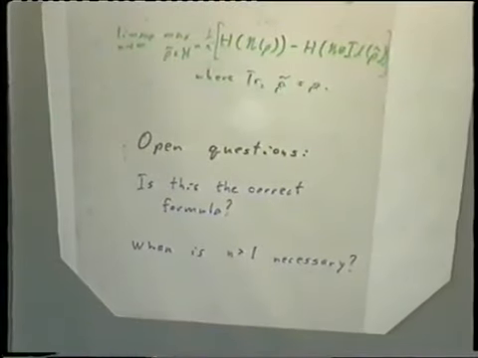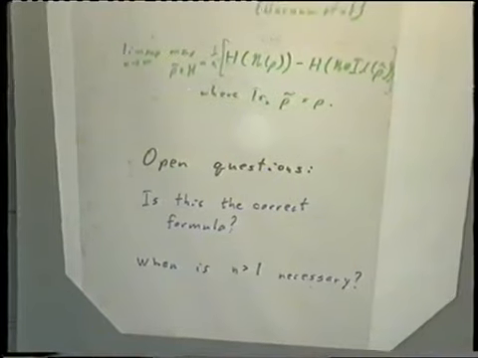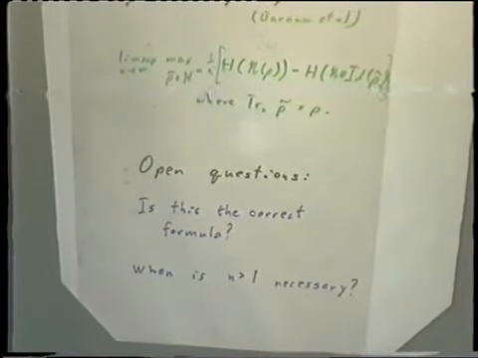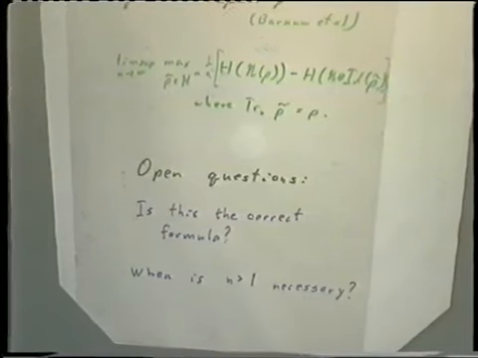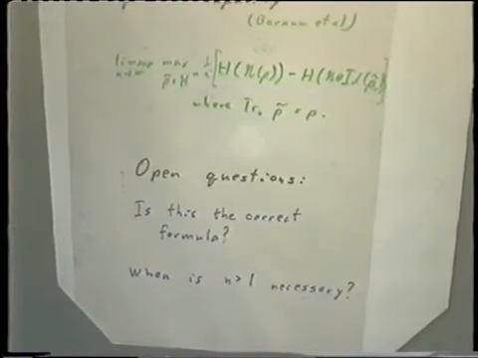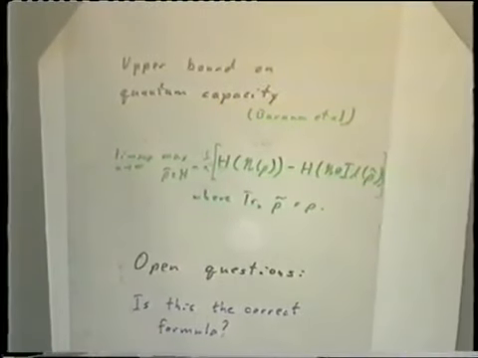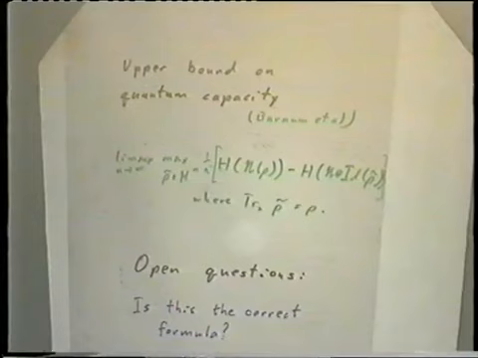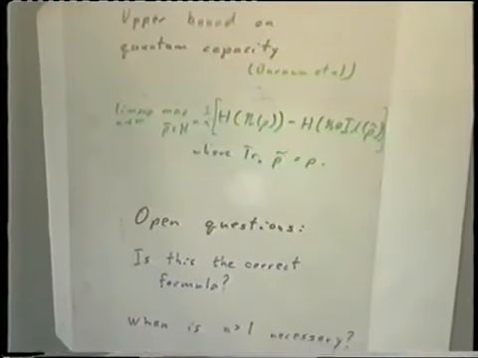And Barnum and others have proved this as an upper bound, but there's an open question: is this the right answer? And there's another open question: when do you need to use more than one use of the channel? So far, for nearly all the channels we know about, it looks like it doesn't help to use n bigger than 1. But for some channels, it does.